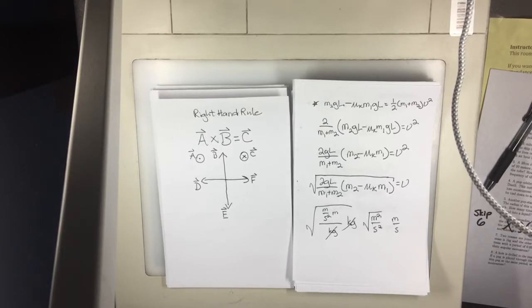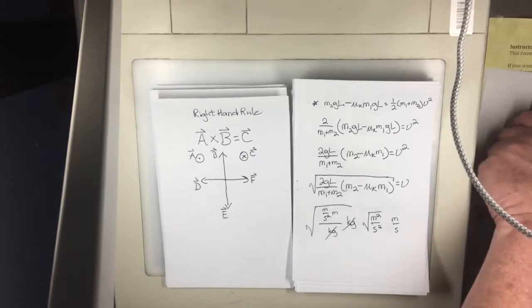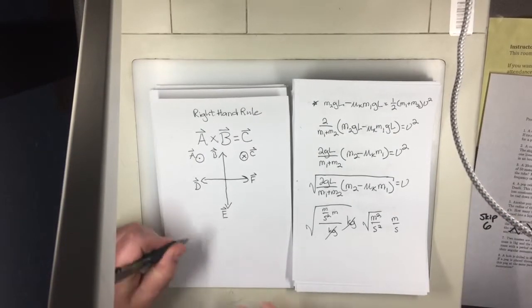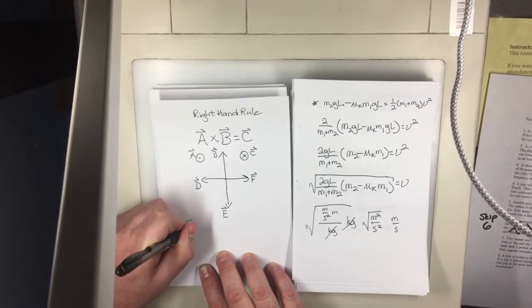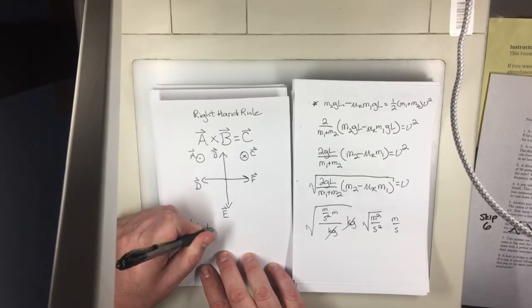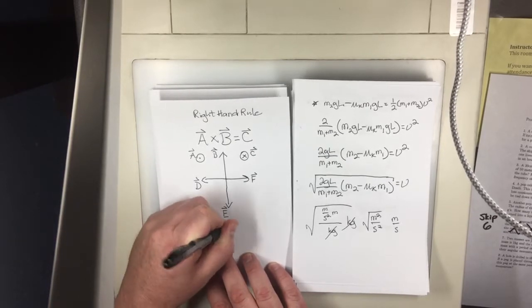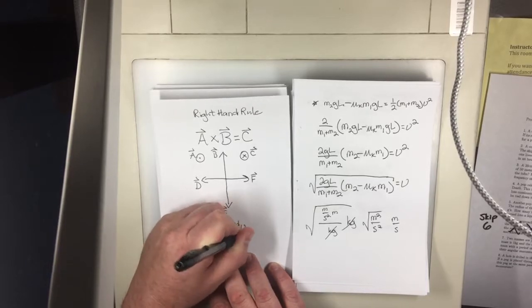So the first vector, the A vector, and I'm going to write it out, first vector. And a lot of you are sitting there going, what's the use of this?